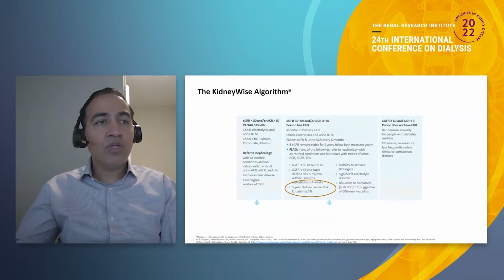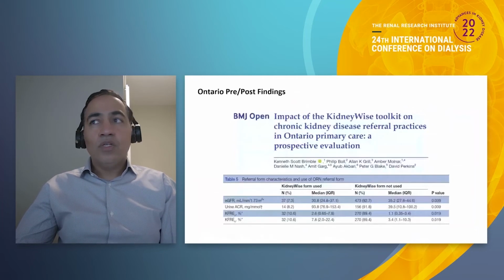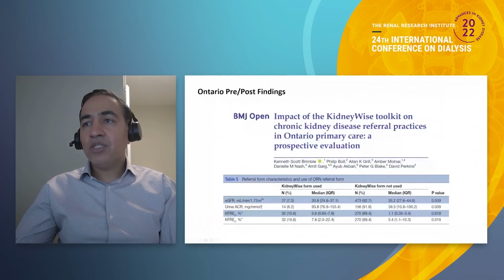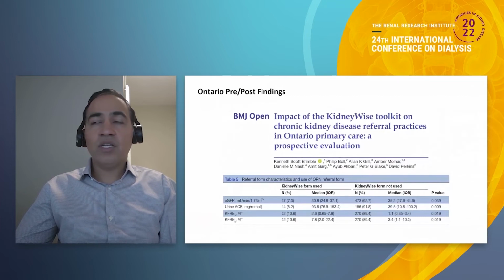The same threshold has been applied in the UK and recommended by NICE, and I'll share some of that data as well. When Ontario implemented this, what we found was that the patients who used the new referral criteria had a lower eGFR at the time of referral, higher ACR, and a much higher kidney failure risk. 5-year risk was 8% versus 3% in the people when the form was not used.